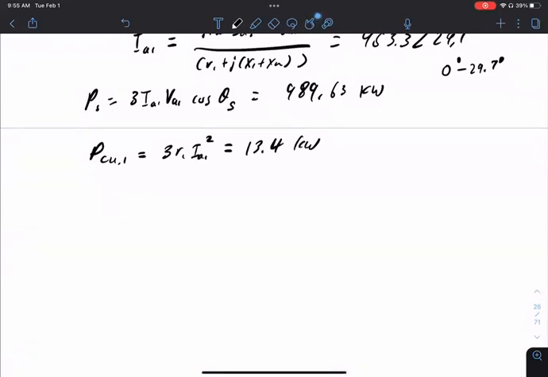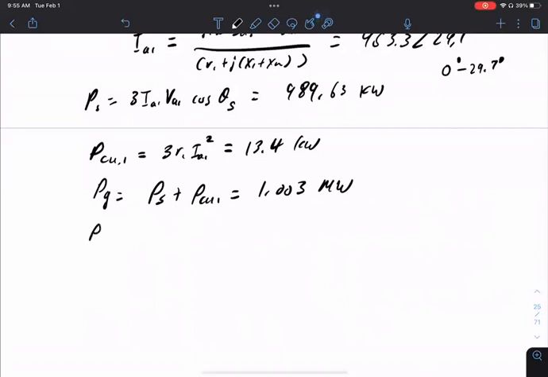Now I can compute air gap power. PG is the power to the stator plus the power lost in R1. This is 1.003 megawatts. So this is the air gap power.